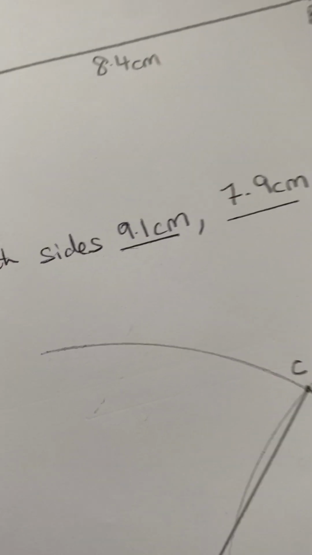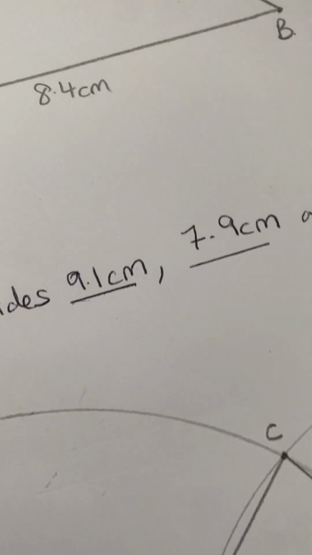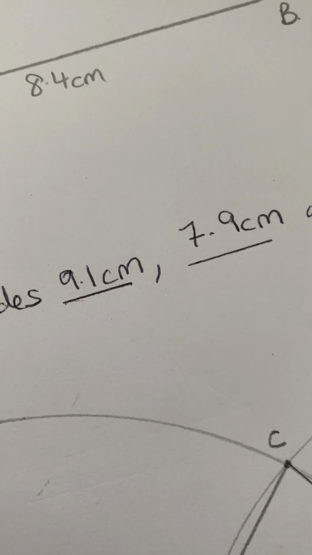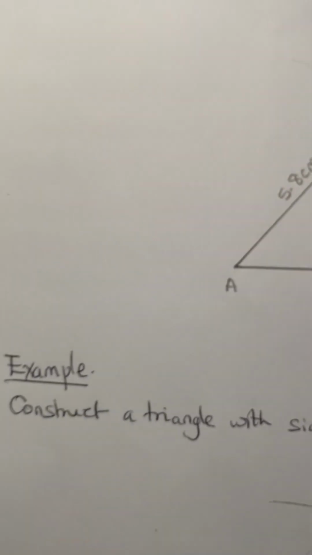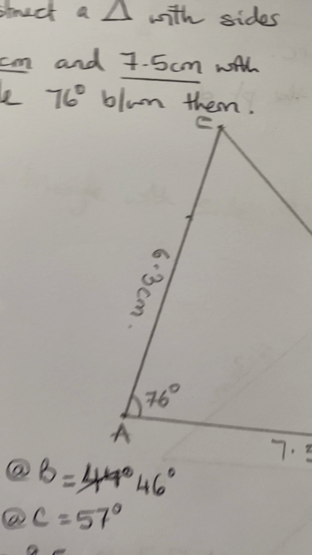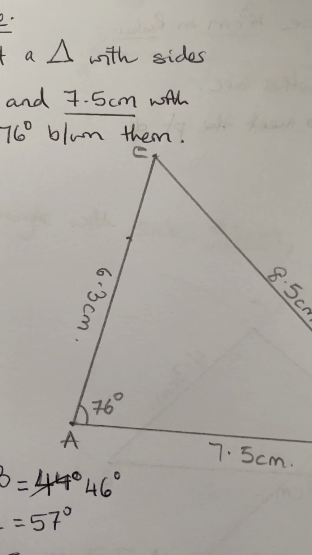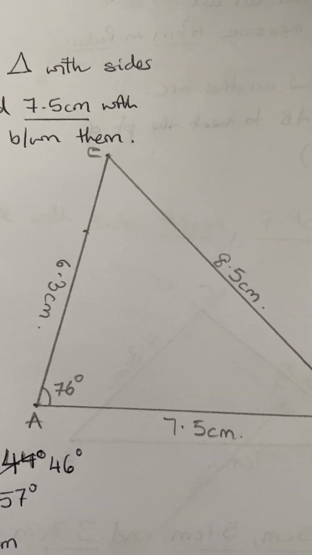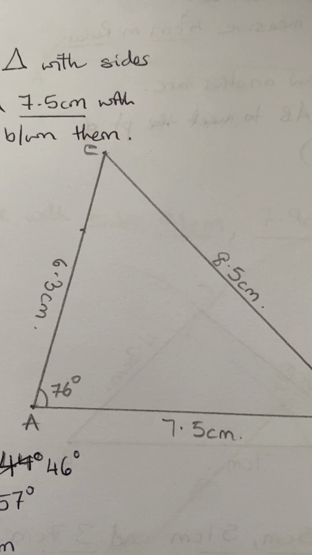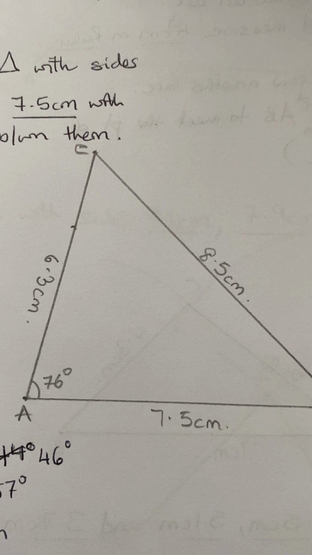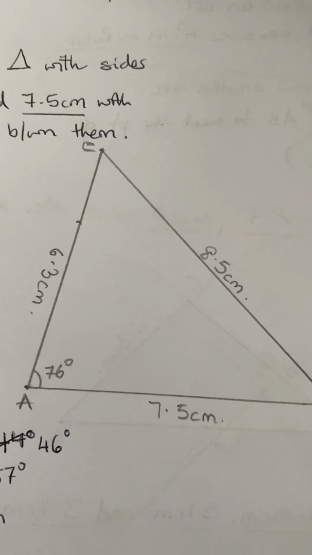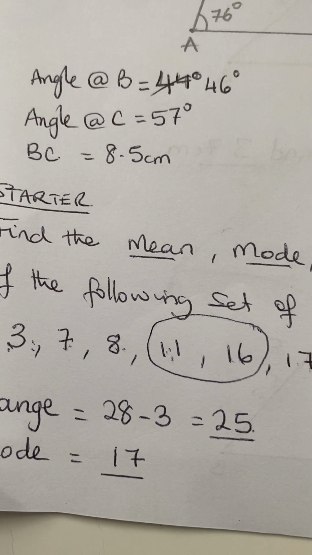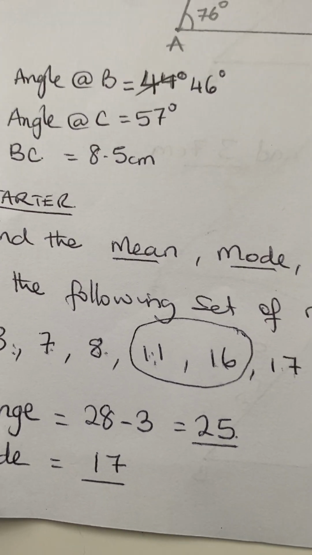So in basic terms, if you are given 3 lines to draw a triangle, that is what you do. So what have we done this morning? We looked at a recap. Watch the last video for the recap. And we did an example. We have an angle, two sides, and then we drew that. We did a starter as a reminder of averages.